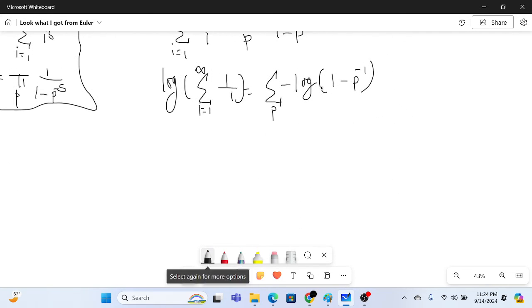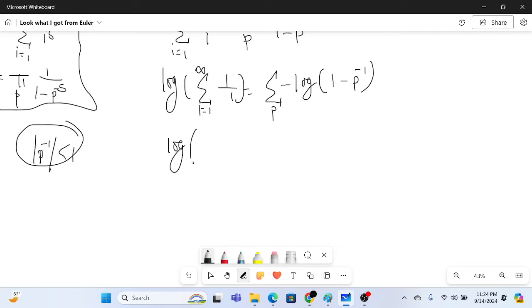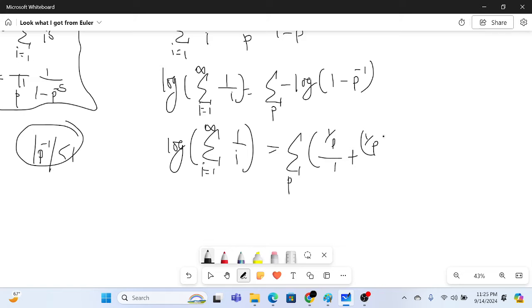Now you can use the Taylor series of log, because the modulus of p inverse will be less than 1, so I can use the Taylor series. So, log of the sum from i equals 1 to infinity of 1 by i will be equal to, if you use the Taylor series, 1 by p plus 1 by p square by 2, because minus log of 1 minus x has the Taylor series x plus x square by 2 plus x cube by 3 plus x to the 4 by 4 and so on, right?